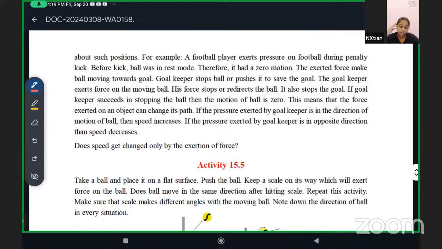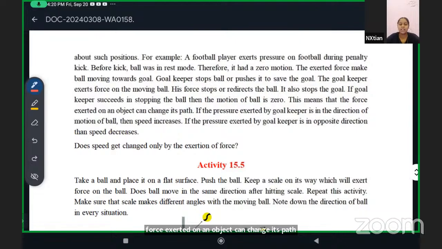So the goalkeeper exerts force on the moving ball. His force stops or redirects the ball. It also stops the goal. If the goalkeeper succeeds in stopping the ball, then the motion of the ball will be zero. This means that the force exerted on an object can change its path.